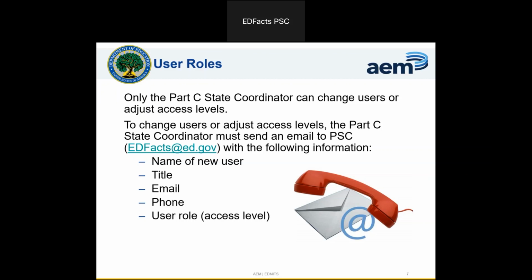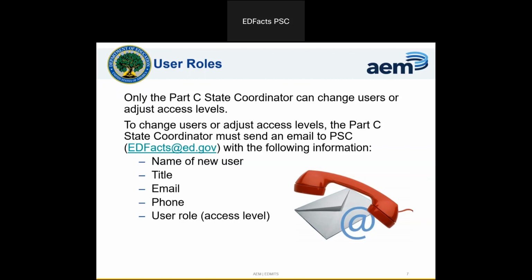If a new account is required, we require the name, title, email, phone, and the user role to get the account set up. So again, if you need your access updated or new users added, please contact the EdFacts Partner Support Center. Our email's on the slide, edfax@ed.gov.